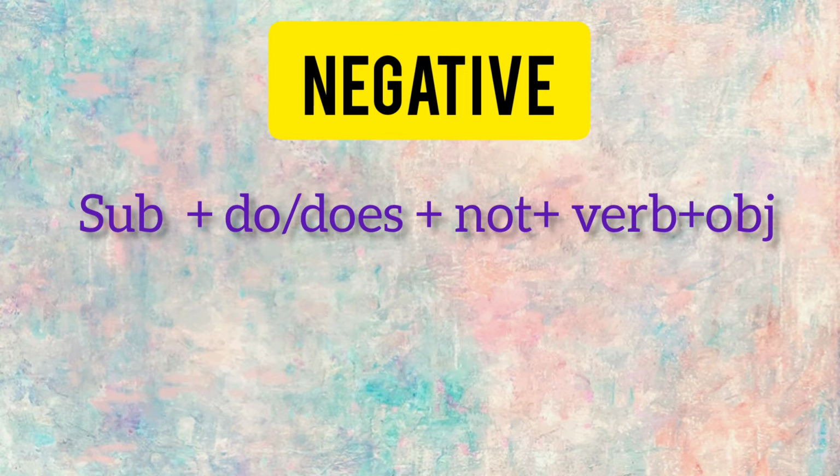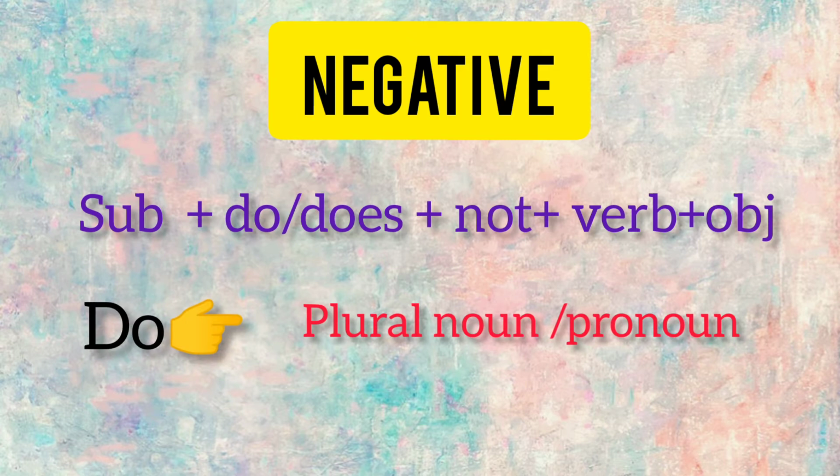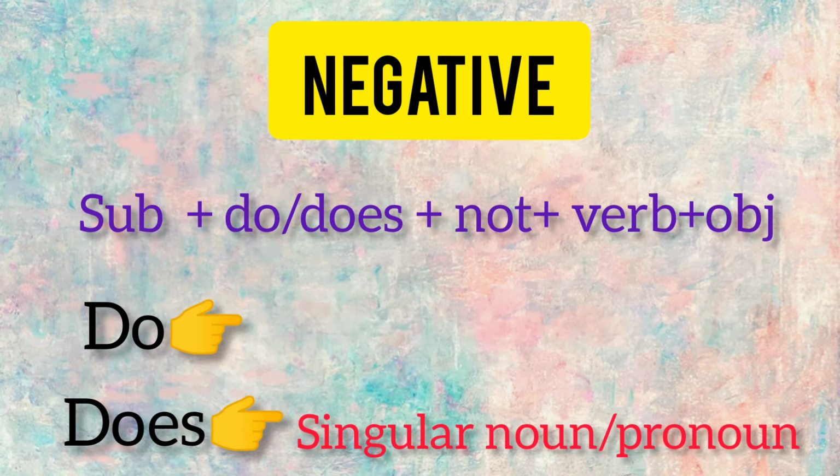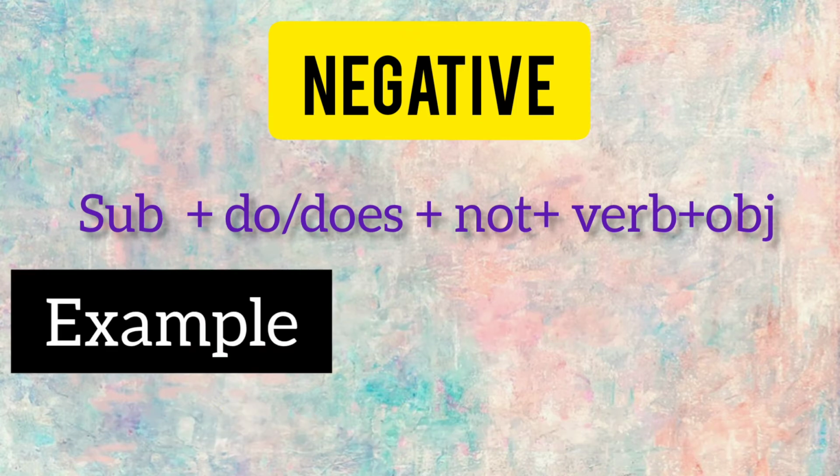So do हम कहाँ use करते हैं? We use do for the plural noun or pronoun. Plural noun और pronoun के लिए use करते हैं and for the exceptional cases I and you. Now does we use for any singular noun or pronoun like Sarah, she, he, it, Ali, Nimra, child, kid. For example, I do not write a letter.